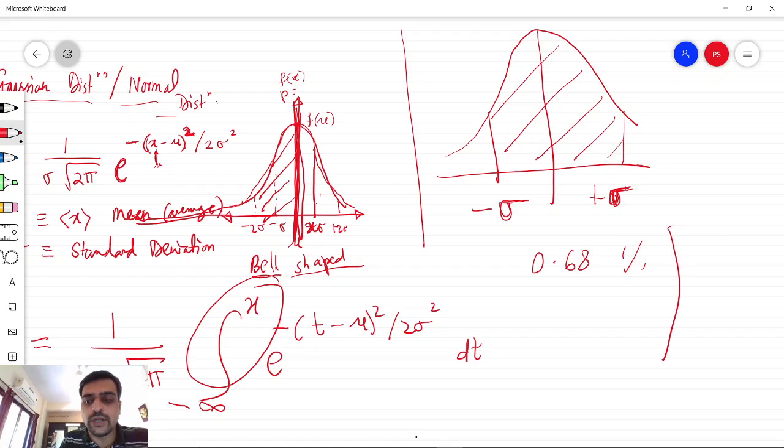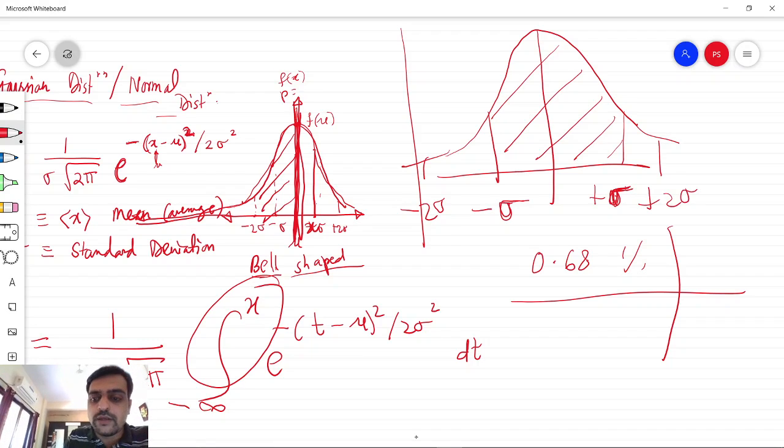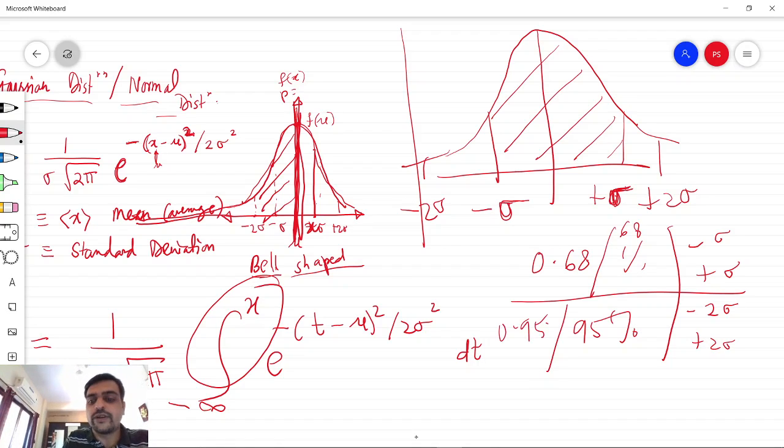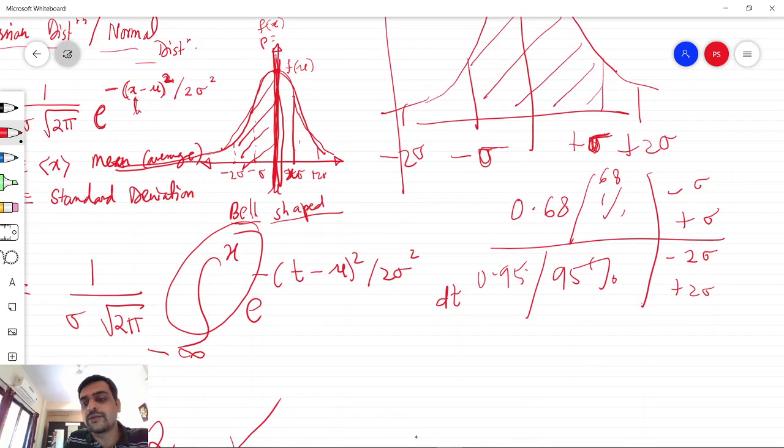Accordingly, if we extend this from minus 2 sigma to plus 2 sigma, the area covered rises very sharply and becomes 95%, or just 0.95 if we talk in terms of absolute values.